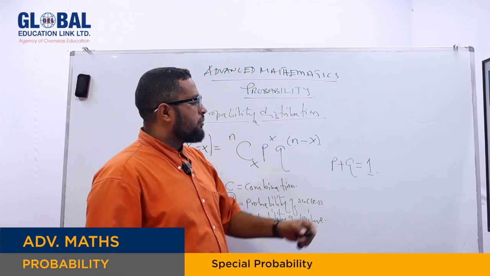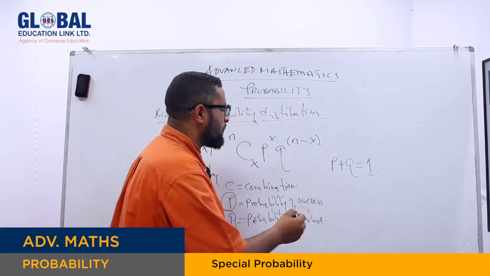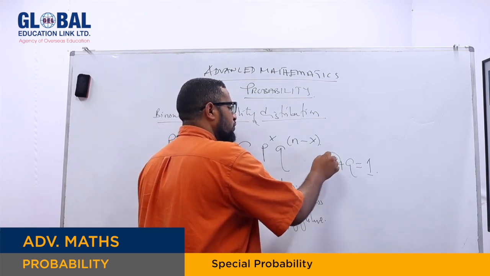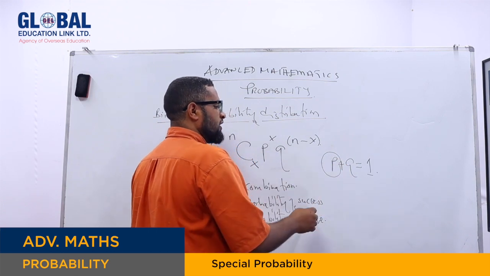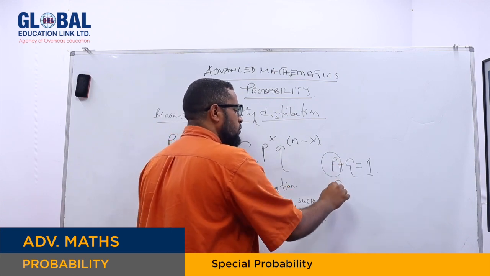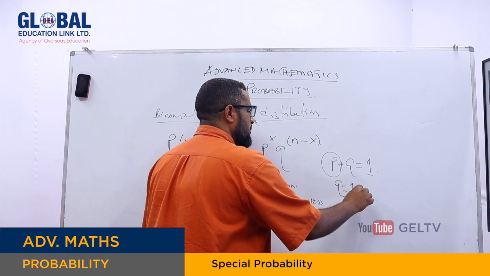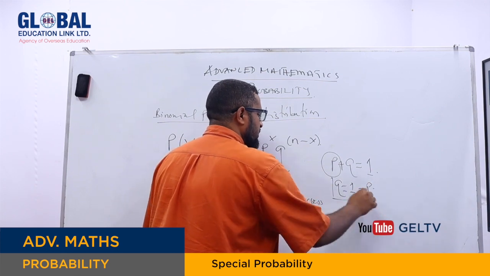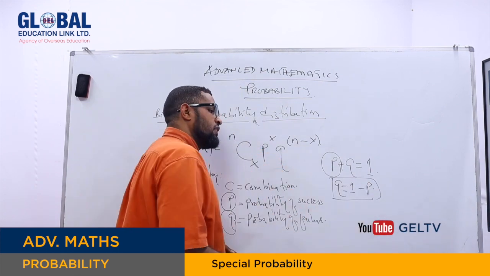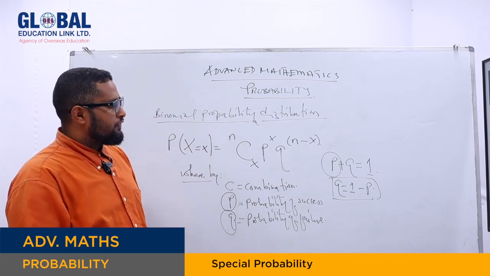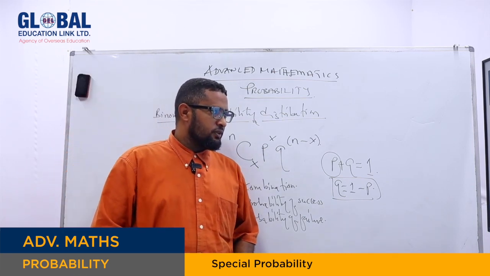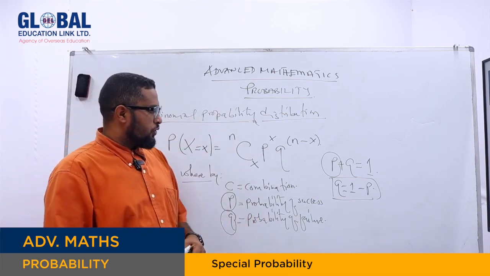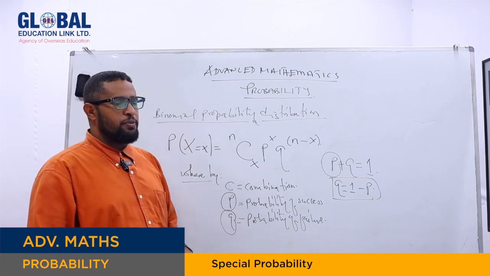So using this formula, if you are given the probability of success, to obtain Q is the same as taking 1 minus P. It depends on the given question. After that, we also need to know that C stands for combination.